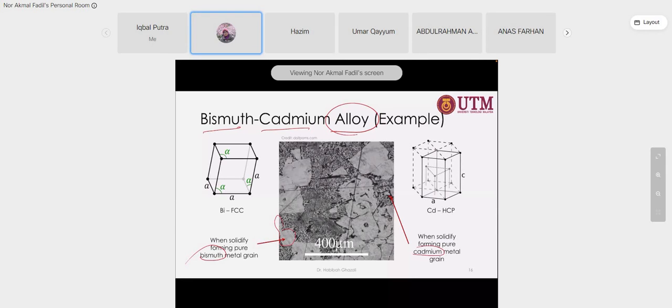Kalau you check under special equipment, we can point at this and do analysis. The output will tell you that this one is bismuth. You can see the data produced. They give a peak. This peak is consistent with bismuth, for example. By using X-ray, X-ray can identify this as pure bismuth.